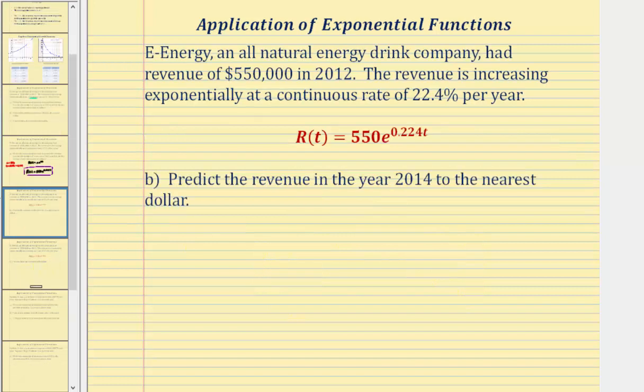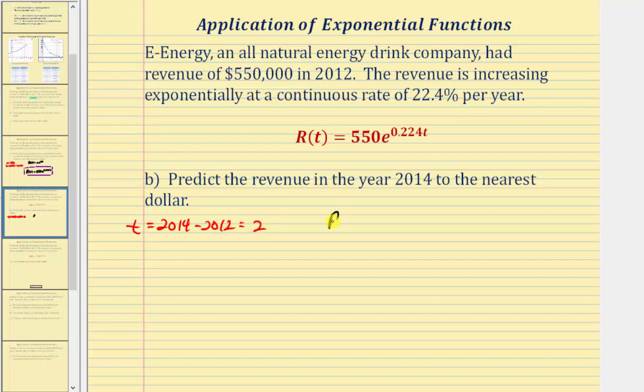So for part B, we're asked to predict the revenue in the year 2014 to the nearest dollar. Well, 2014 is 2 years after 2012, and therefore we want to evaluate the function r of t when t equals 2. But if we ever have a hard time determining the value of t to use, we can always determine t by taking the desired year, in this case 2014, and subtracting the base year, in this case 2012, which will give us t equals 2.